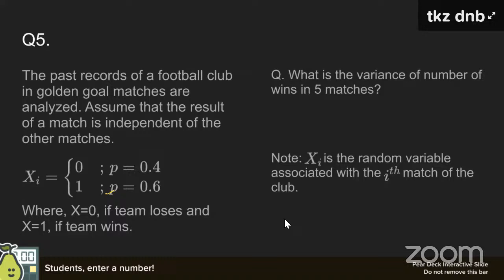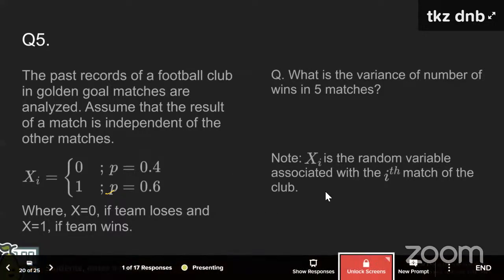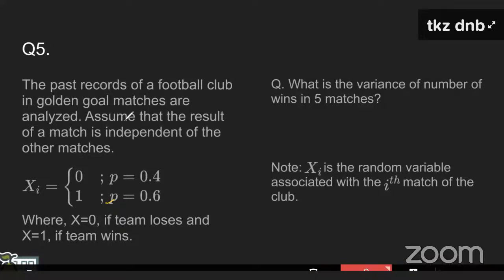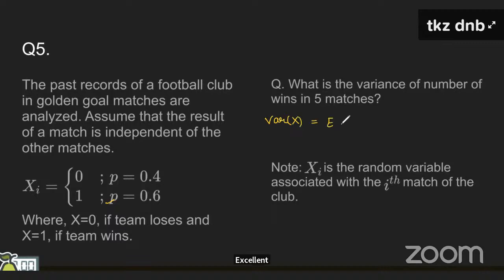So what was the formula for variance of x? Expectation of x square minus expectation whole square. We need to calculate the expectation of x square, which is the same as the previous one but not multiplied by 5. It's 0.6.